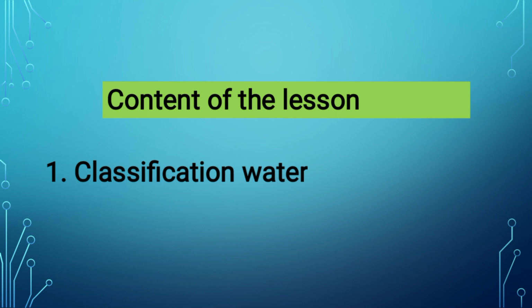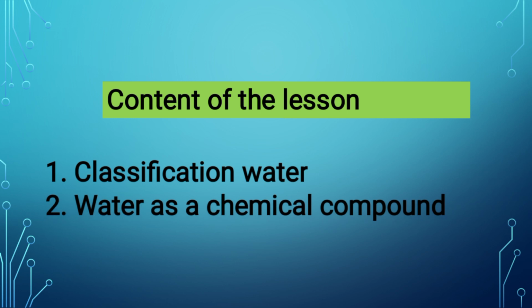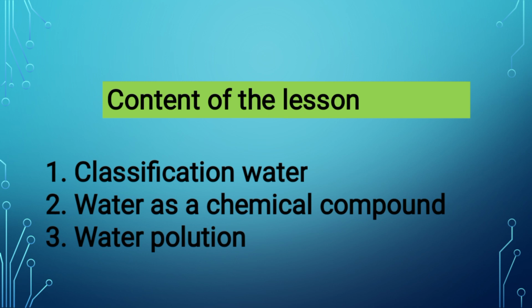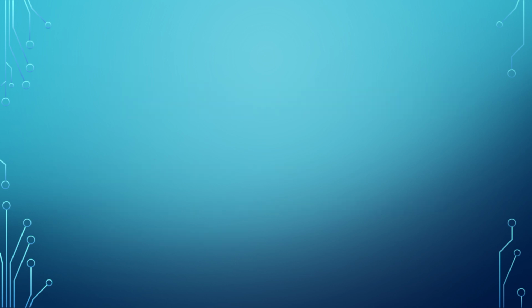We are going to be classifying water based on sources, the presence of deuterium, and also the presence of a special ion. Also, we are going to look into water as a chemical compound, and we're also going to look into water pollution. So I urge you to follow me as we go on one after the other.